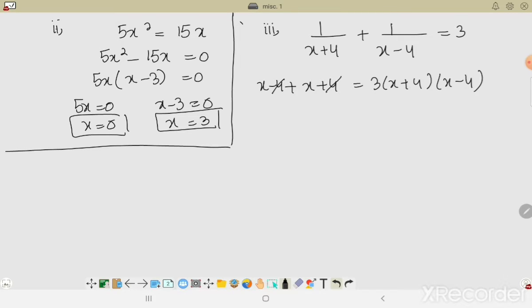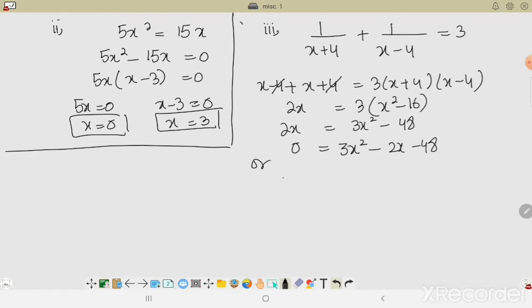Here the terms will get cancelled, 2x, and since it is the algebraic identity, x squared minus 16 can be written. 2x equals 3x squared minus 48, and this can also be written as 3x squared minus 2x minus 48 equals 0. So this is the answer. We have written down the equation in the standard form.